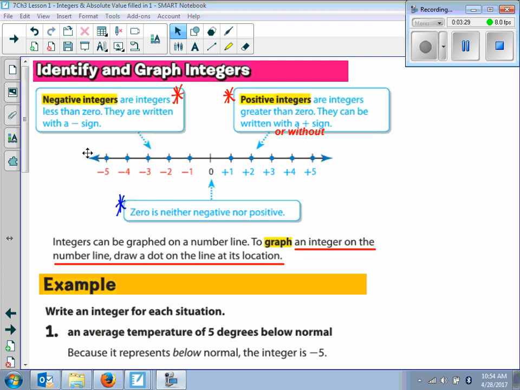And once again, this arrow signifies that it goes in the negative direction to infinity. Okay? On this number line, they have labeled the plus sign for the positive numbers. But, like I said before, you can also write the positive integers without the positive sign.